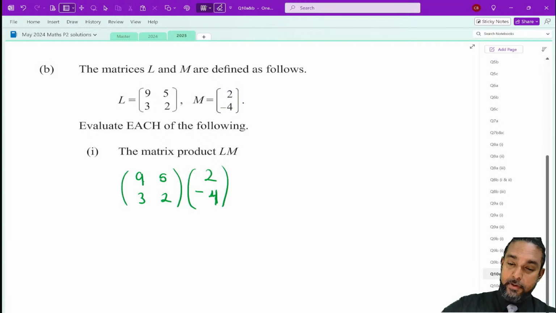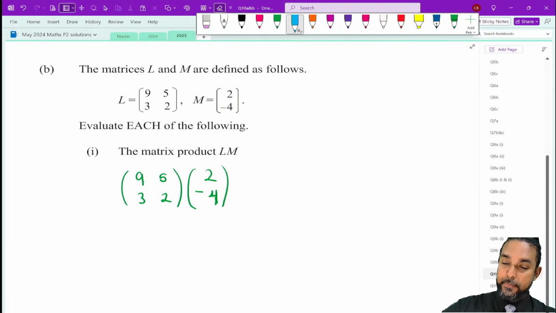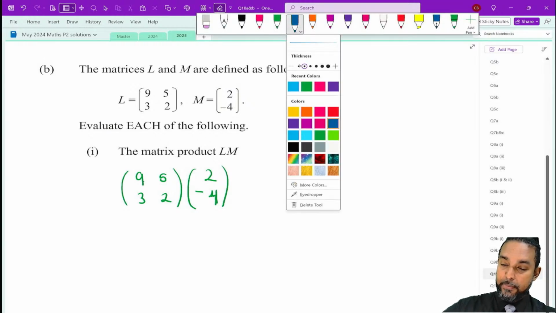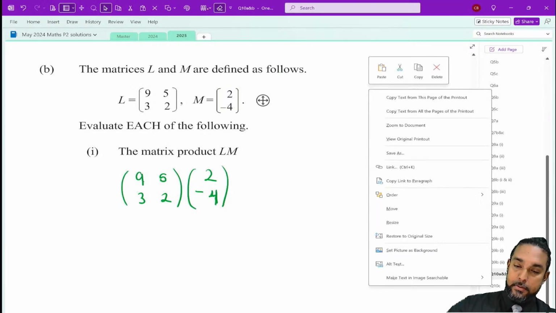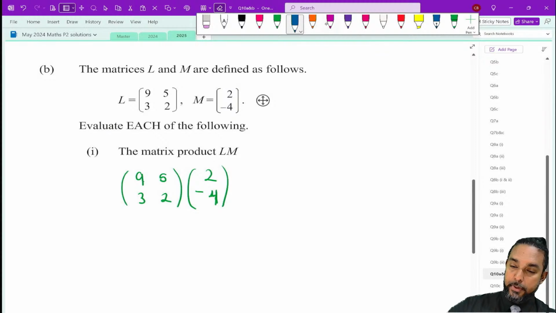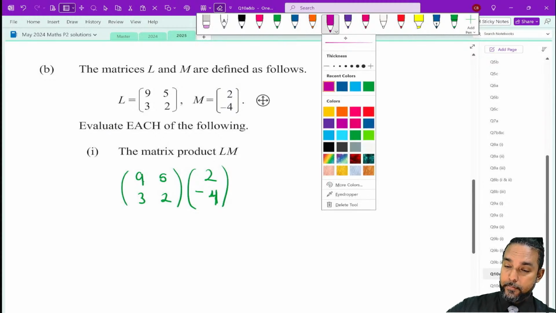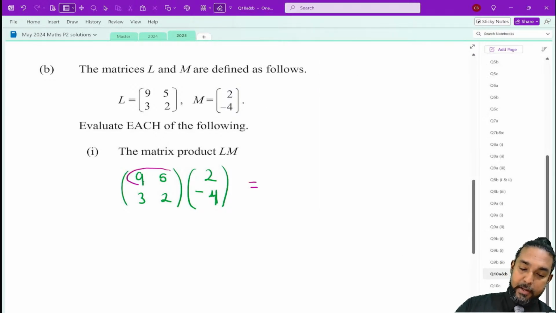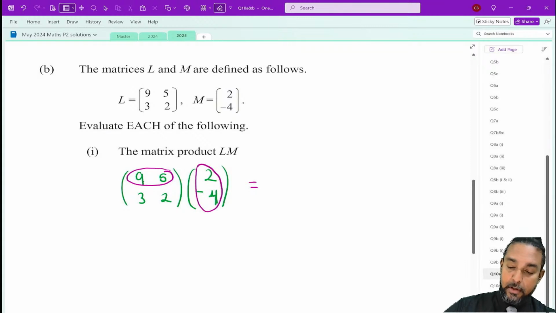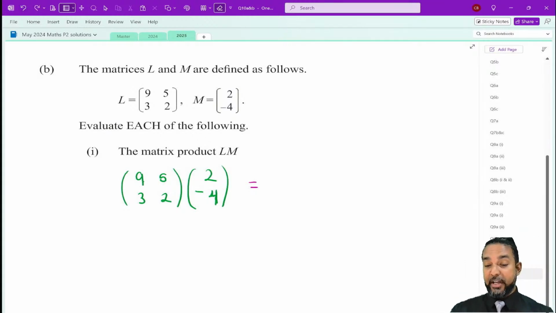Right. So if you can't remember how to multiply matrices, let me give you a little help. We have to multiply row by column, the horizontal by the vertical, with corresponding elements.